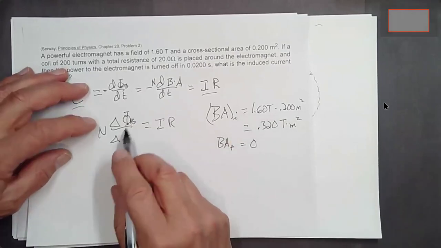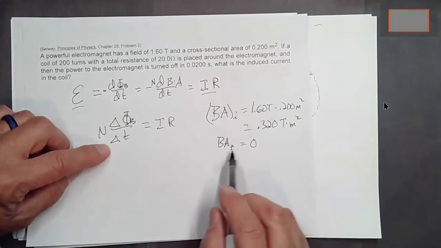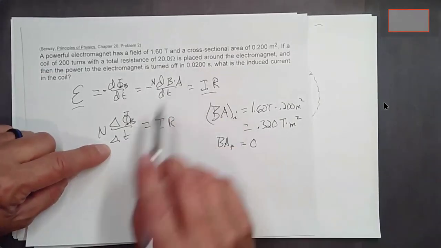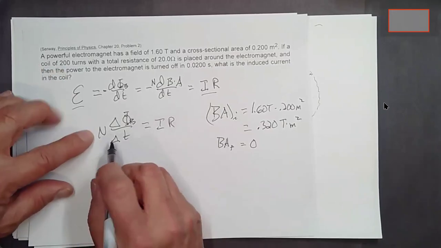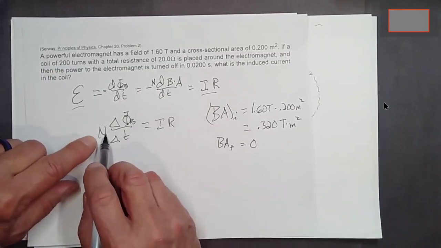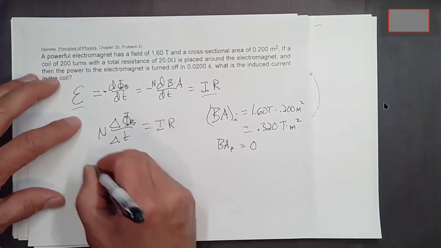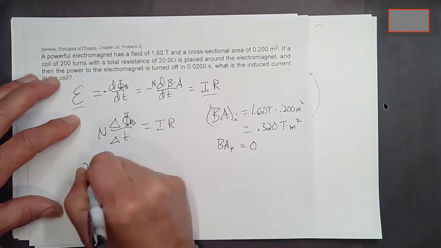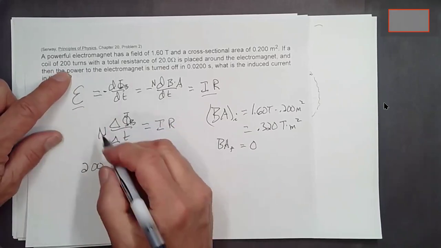And delta phi sub B over delta t, I'll divide this by 0.0200, and we'll see what happens with that. But then I've got this N over here, my 200 turns. Boy, there's twos all over the place in this case. And a turn is dimensionless. It's just a pure number.